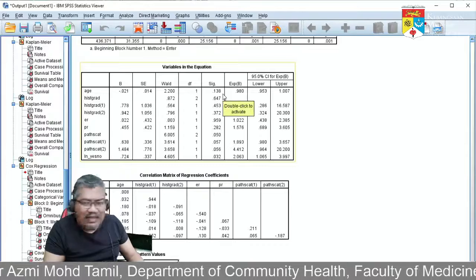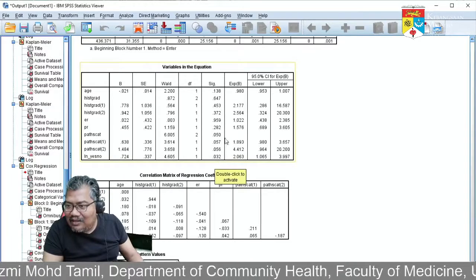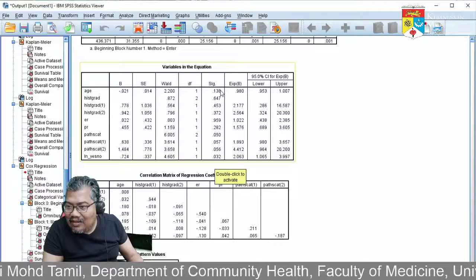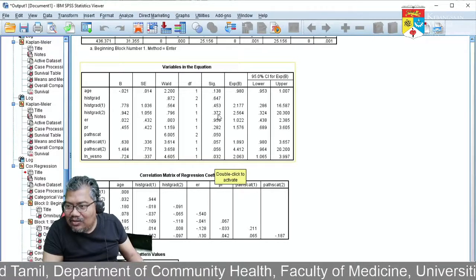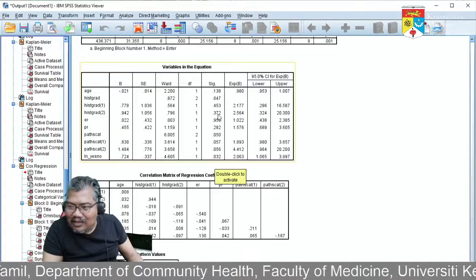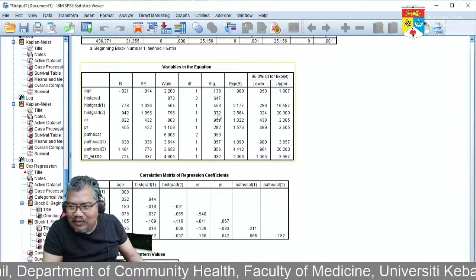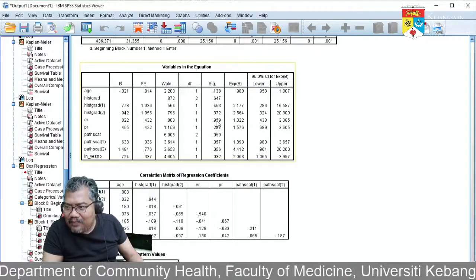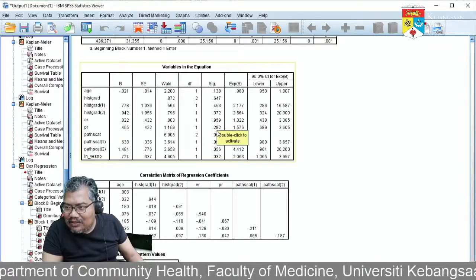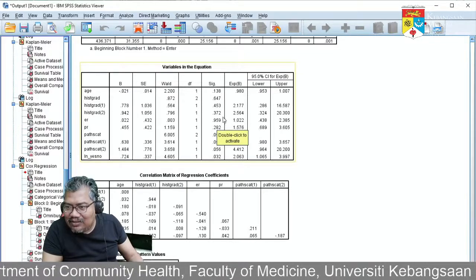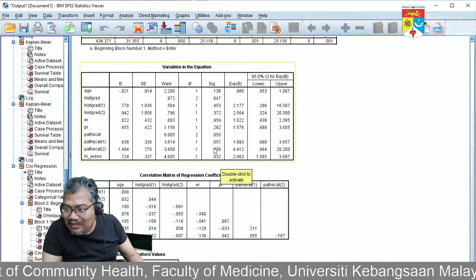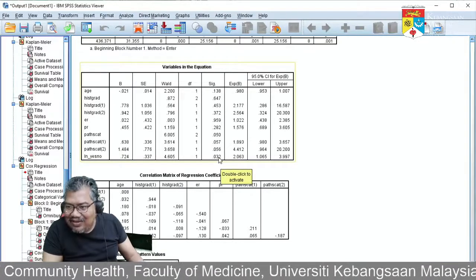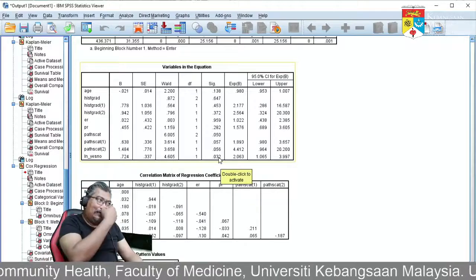Suddenly everything is not significant. Age is not significant. Tumor grade, whether well differentiated or not, not significant. Estrogen receptor not significant. Progesterone receptor not significant. Tumor size not significant. The only thing significant was the lymph node.